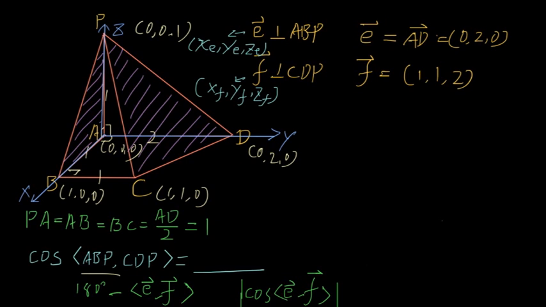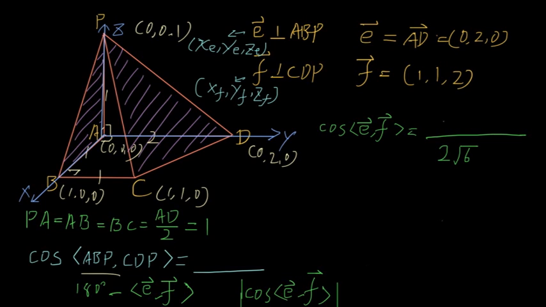And this has become strangely easy since we have that formula, and we could just go directly to that. The cosine of the angle between E and F is equal to: the length of E is obviously 2, the length of F is the square root of 1 squared plus 1 squared plus 2 squared, that is square root 6.